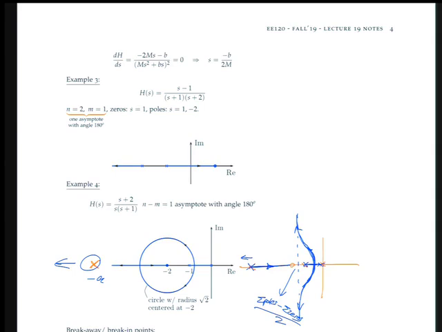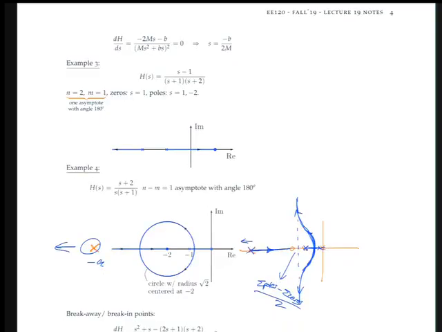Adding a pole, on the other hand, will kind of repel it. That's why here, these 2 branches are folding back and running away. Once they see the pole, they run away, right? Okay, so that's the relative effect of 0 and pole. 0 attracts, pole repels.